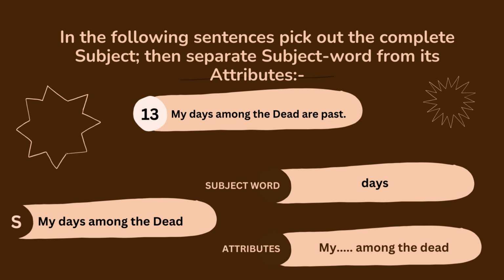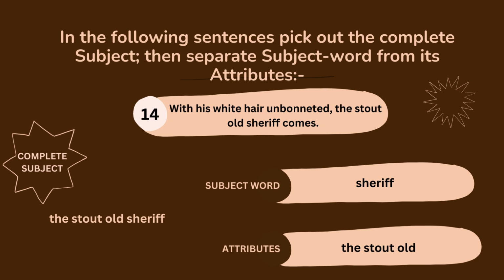Here my days among the dead is the complete subject, and the word days is the subject word, and the rest of the part, my and among the dead, will be called the attributes of this subject word days.